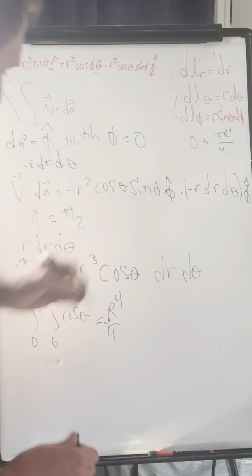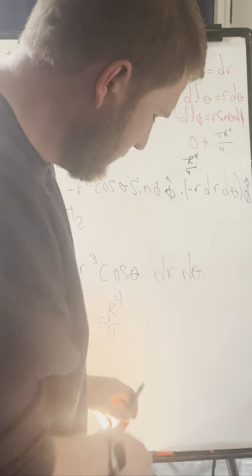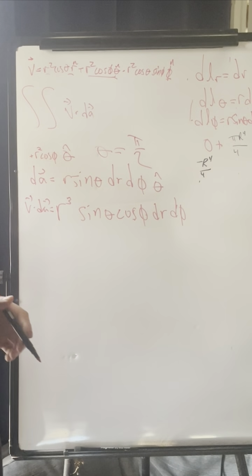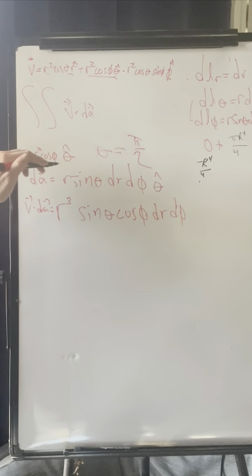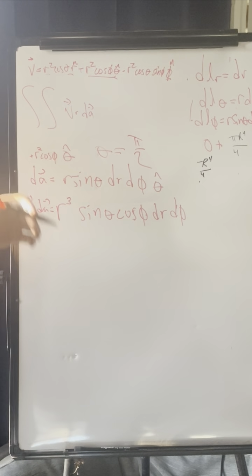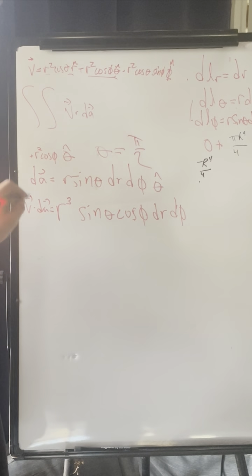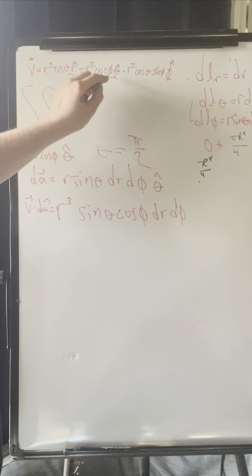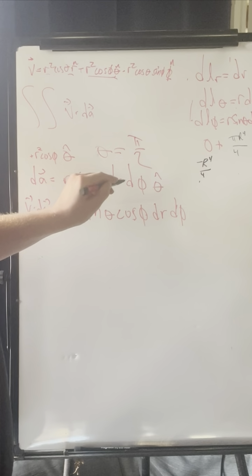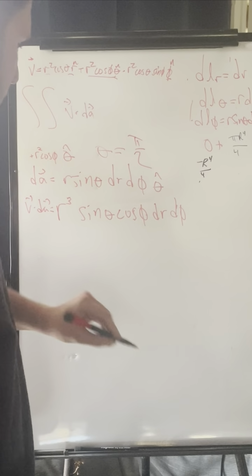And we still have one more to go. For our final surface integral, we're going in the theta hat direction with theta equal to pi over 2. So dA is r sine theta dr d phi in the theta hat direction. So v dot dA is r squared cosine phi times r sine theta dr d phi, so r cubed sine theta cosine phi dr d phi.